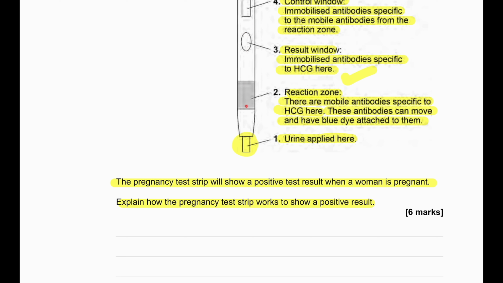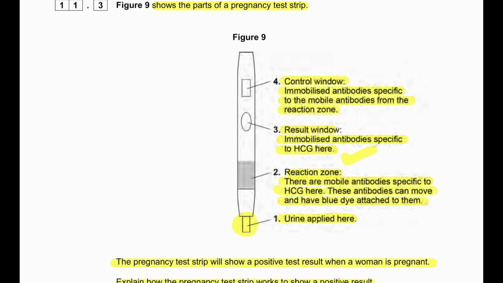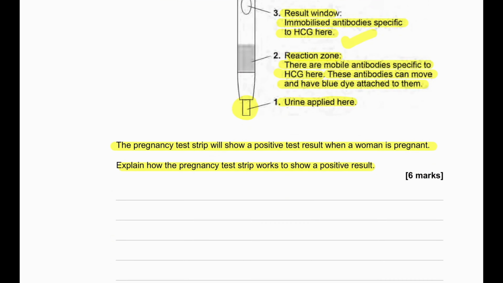The HCG that did not bind with the antibodies will travel up and bind with the immobilized HCG antibodies, and then a result will appear in the result window. Any mobile antibodies that did not bind at this location will travel up and enter the control window, where immobilized antibodies specific to mobile antibodies are present, and they will react and make a line appear. This will indicate that the test is complete and the test is correct.